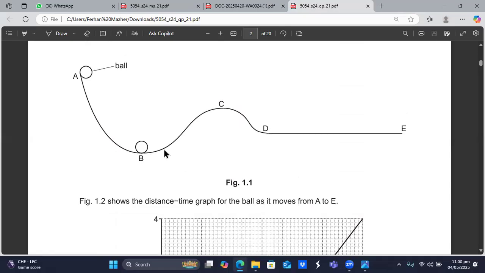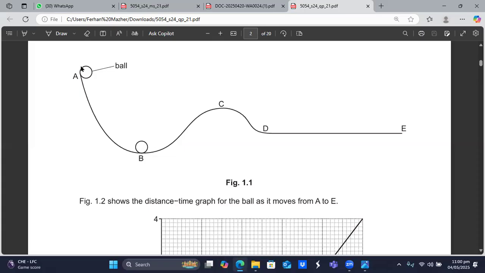The speed should be fastest here. Here, the speed will be slowest. Here, the speed should be fastest. Here, the speed will be in the middle. Here, it will be faster than the C, but less fast than the B. You know, this is the shape of that track. Here, the speed will be 0 or maybe very slow.